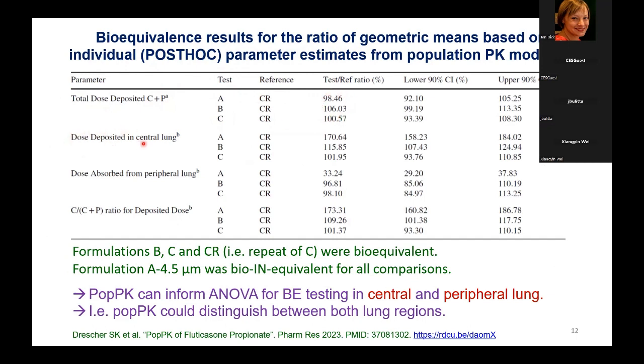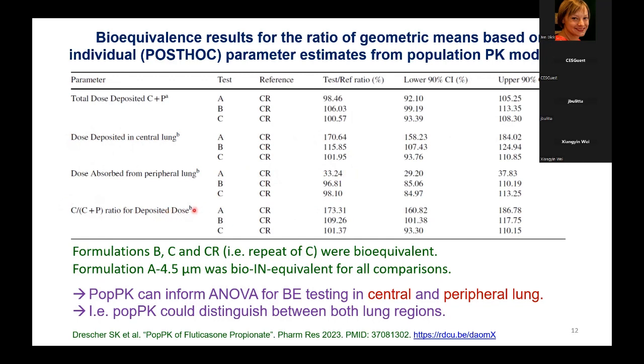In contrast, the dose deposited in central lung for formulation A was clearly above 1 and also not bioequivalent, and the dose deposited in peripheral lung for formulation A was clearly smaller than the dose from formulation CR. And then that gave rise to a similar difference for the C divided by C plus P deposition ratio.